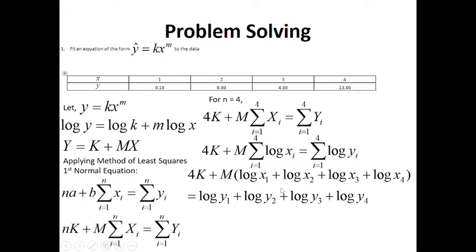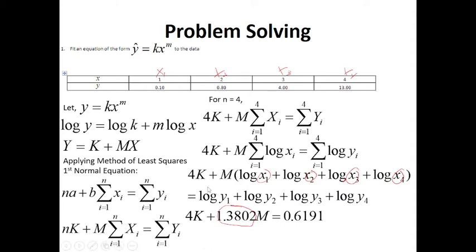So we can now substitute. We simplify this. So this is x sub 1, x sub 2, x sub 3, and x sub 4. So we have log 1 plus log 2 plus log 3 plus log 4. So doing that, we'll obtain 1.3802.